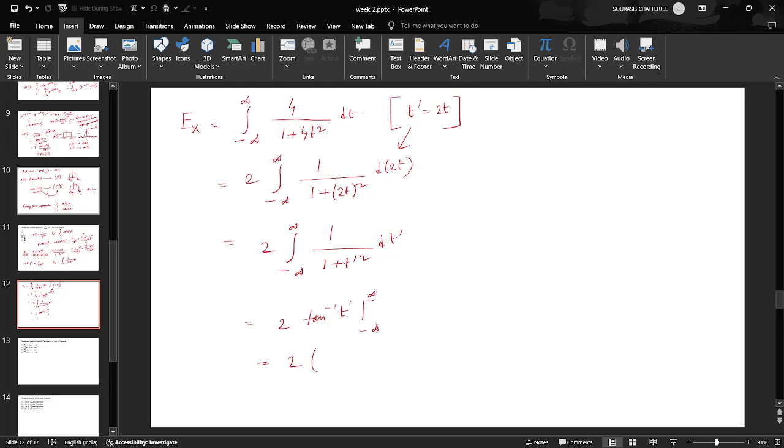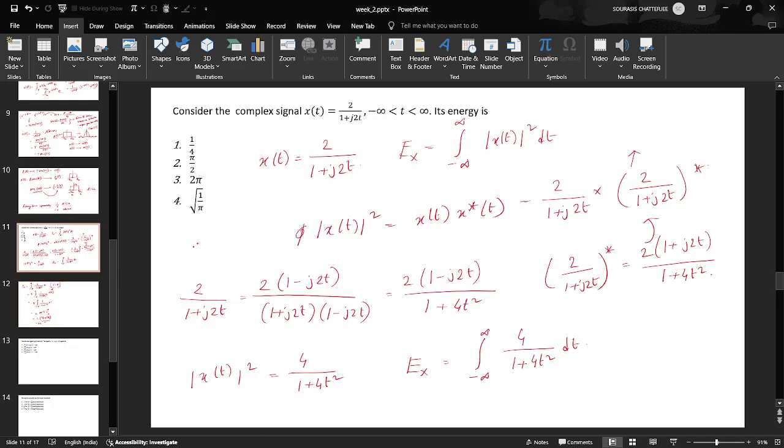So what you are going to obtain here is pi by 2 minus of, sorry, minus of minus pi by 2. So this is pi, you will have 2 pi here. So the energy being computed here is same as 2 pi.